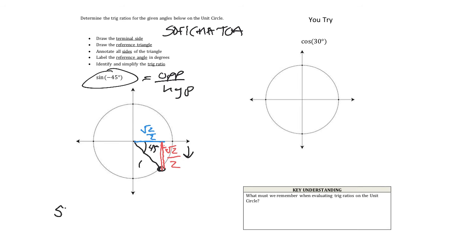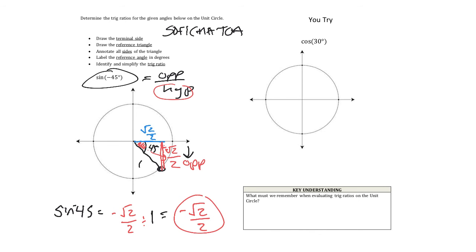So for sine of negative 45, I got to do the opposite side of this reference angle. The opposite side is negative square root of 2 over 2 divided by the hypotenuse. And I know my hypotenuse is just 1. Anything divided by 1 is just itself. So sine of negative 45 is just equal to negative square root of 2 over 2.